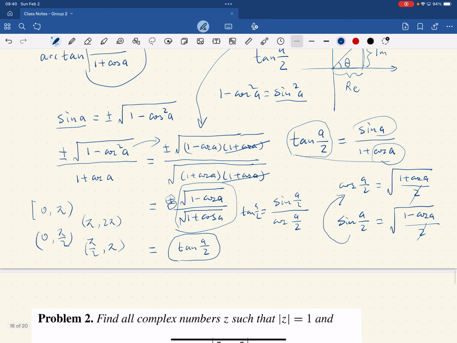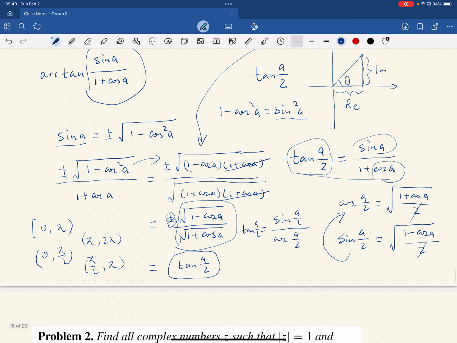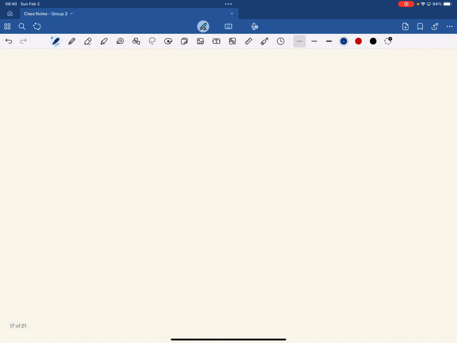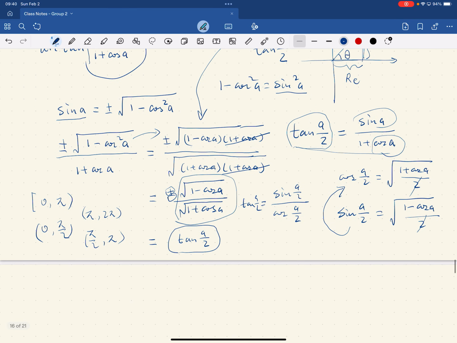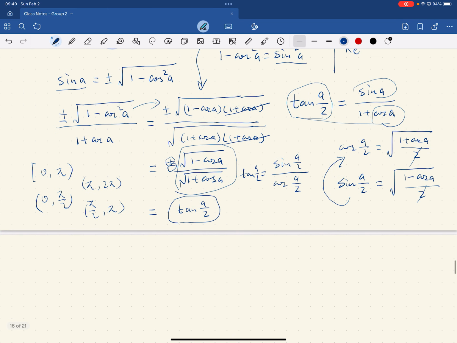So we have something from here. So we have arctan of, oh, that's not sine a. Sine a over 1 plus cosine a.